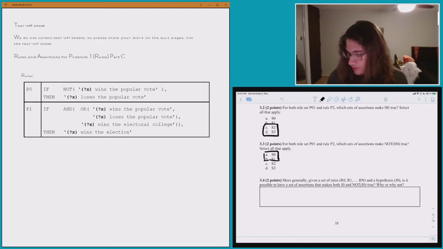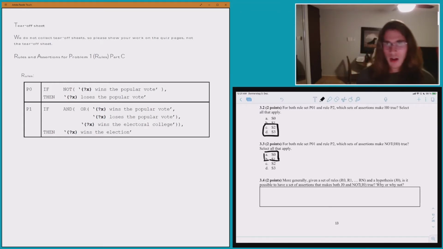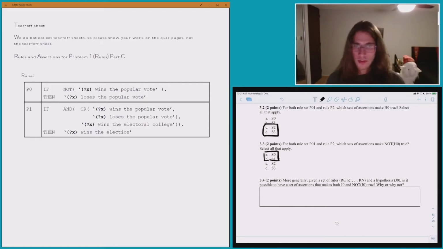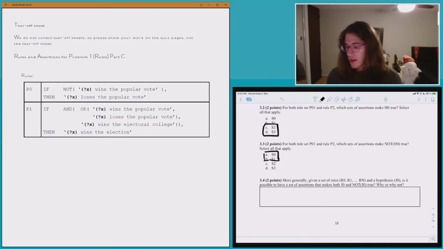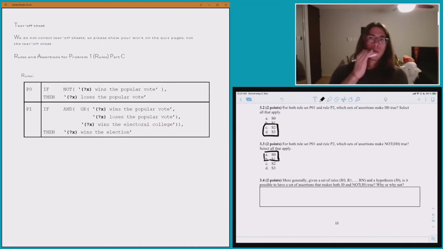More generally, given a set of rules and a hypothesis, is it possible to have a set of assertions that will produce H0 and not H0? This question is more commentary on the not that I've been addressing since the start of these questions. I'm not going to bother writing it down. As I've said before, not says this pattern is not in the list of assertions.